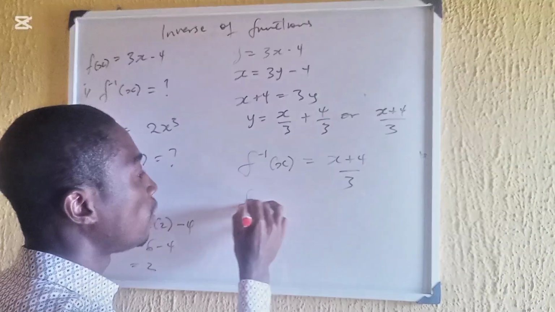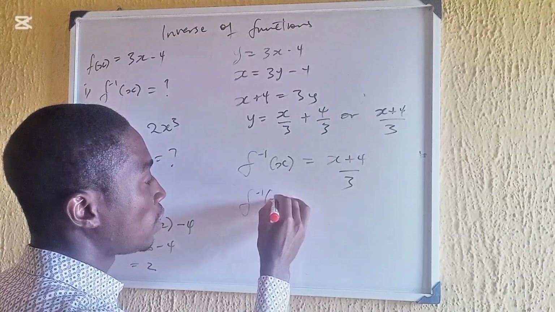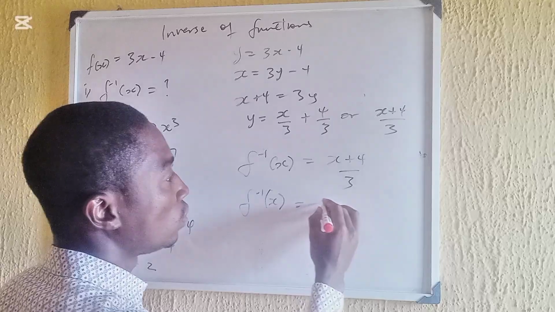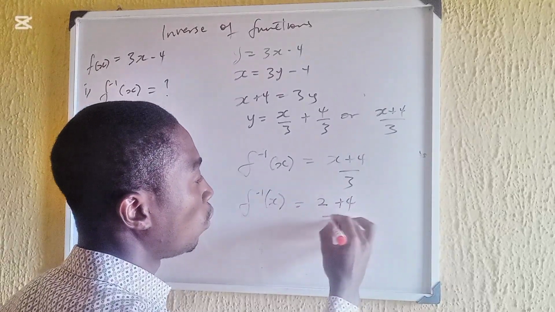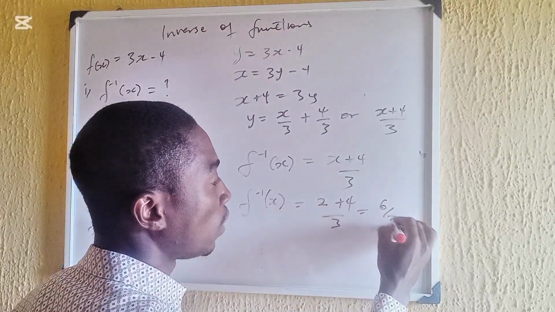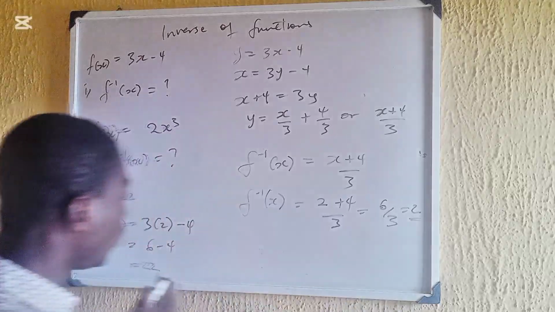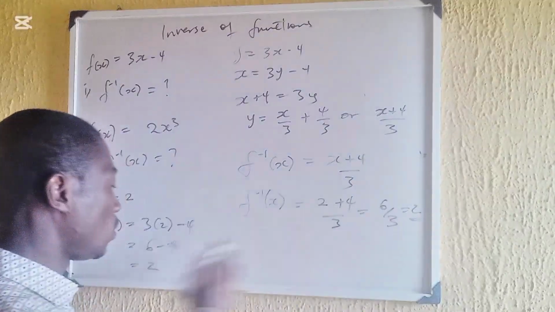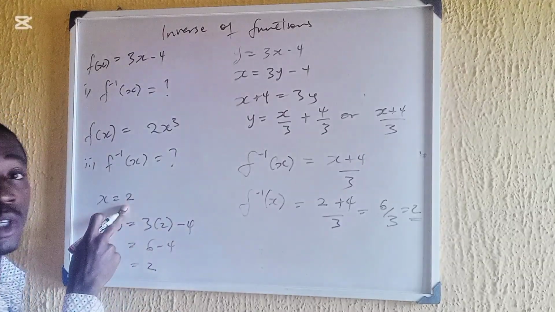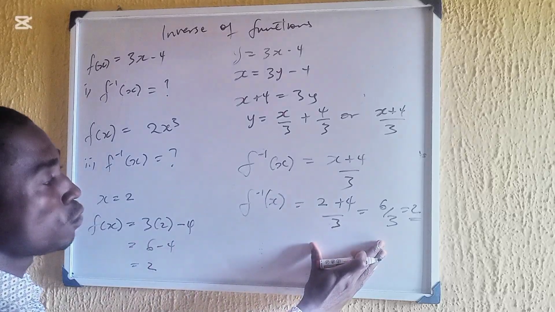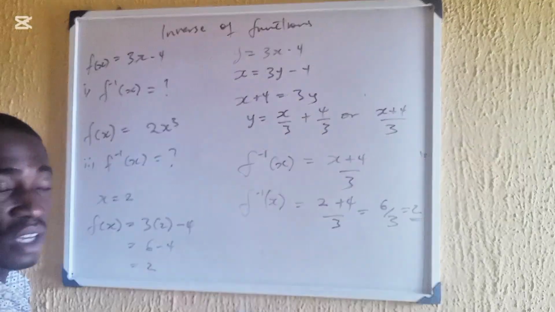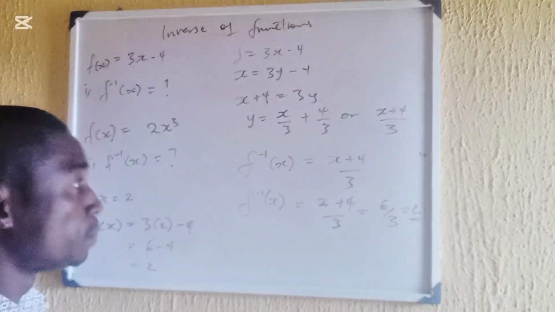Let's try it out. We have f inverse of x is equal to 2 plus 4 over 3. That's 6 over 3. That's 2. So when we put 2, which is y, we got 2, which is x, to show that these two functions are inverse of each other.